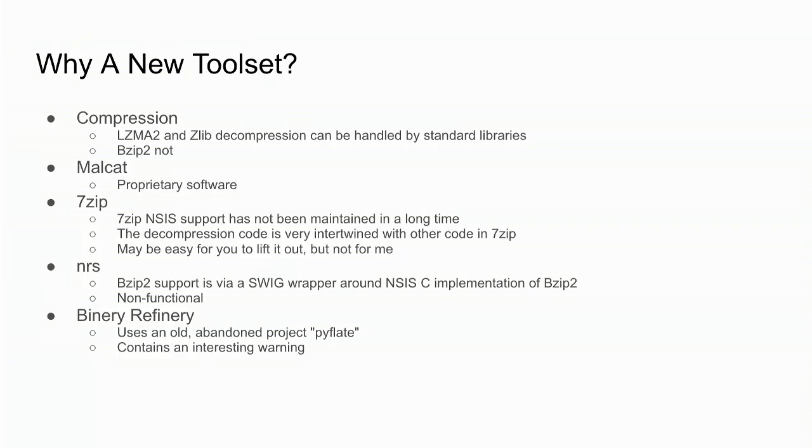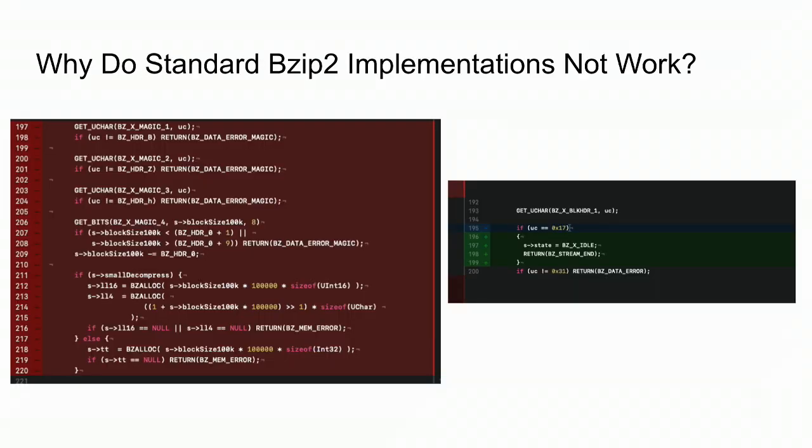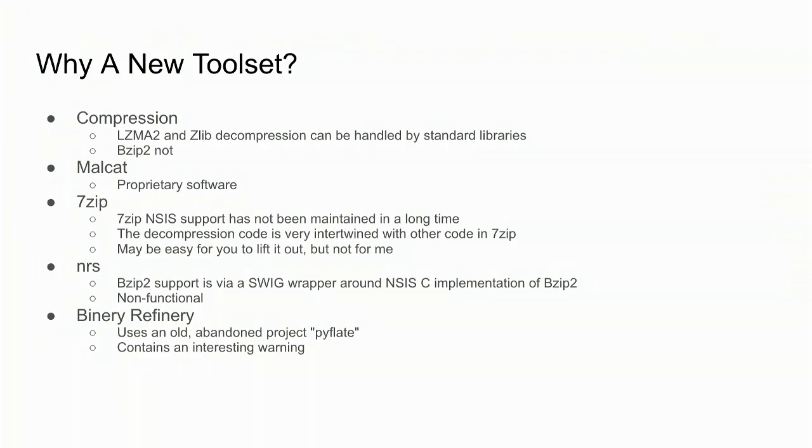I couldn't get it to work the first time, so I was trying some other stuff. And I found Binary Refinery. Binary Refinery, again, ran into the same problem. So they resurrected some ancient abandoned Python project called PyFlate. But PyFlate has a really interesting warning in there.